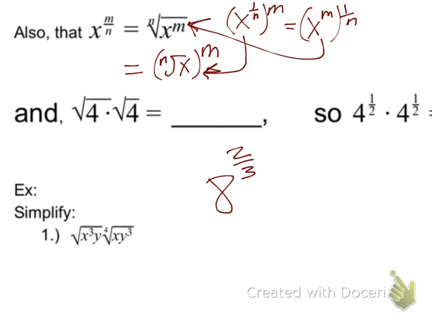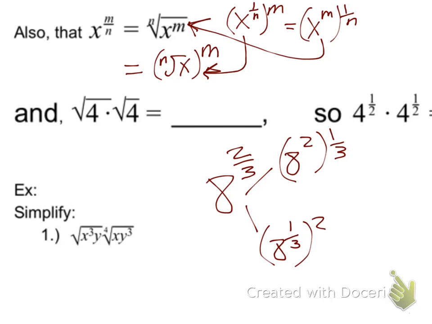Well, according to what we have up top, I could split this into two different camps. I could say this is 8 squared to the 1/3 power. That's one option, right? Using power of a power. Or I can say this is 8 to the 1/3 power, squared.